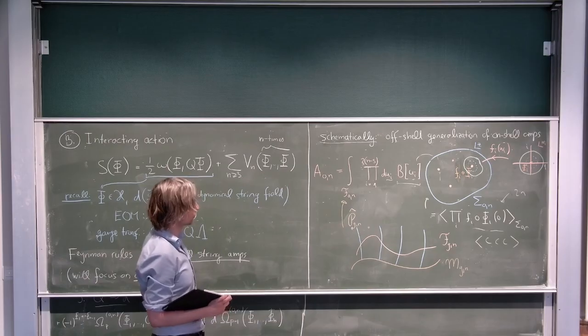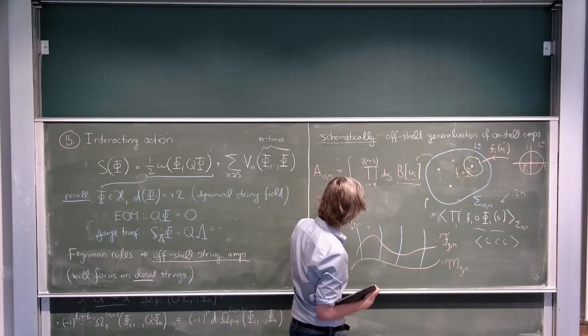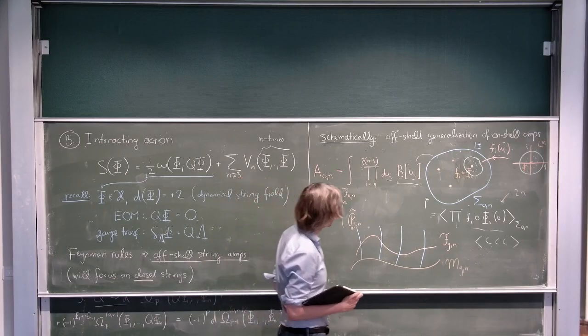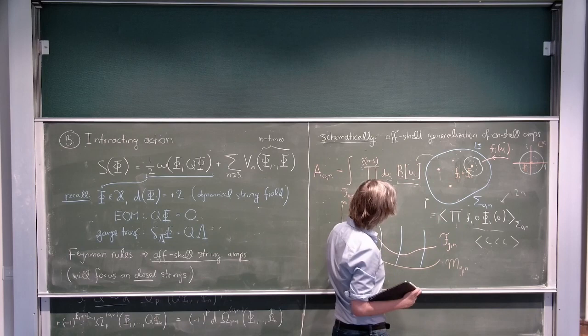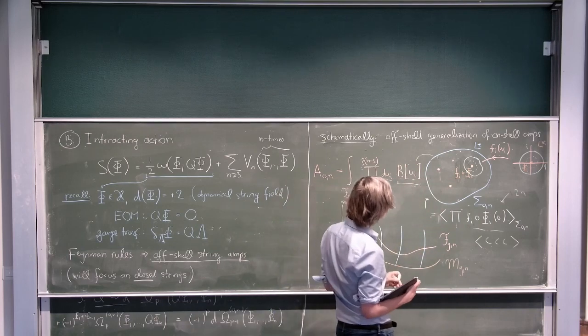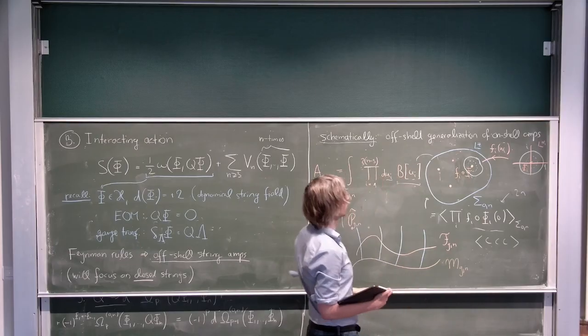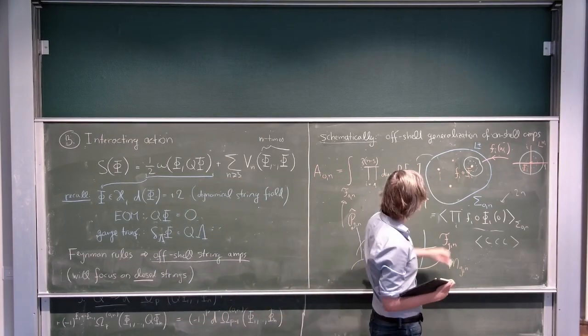Now, in the case of the offshell amplitudes, things get a little bit more complicated, because not only do we have to compute this correlation function at different points of the moduli space of the Riemann surface, we are also making this choice of the local coordinates around each of the punctures at each point of the moduli space.